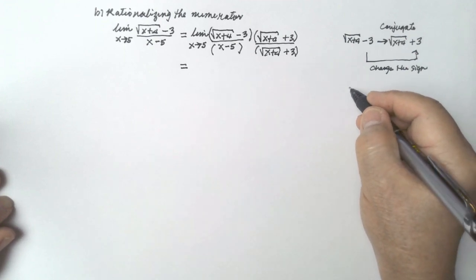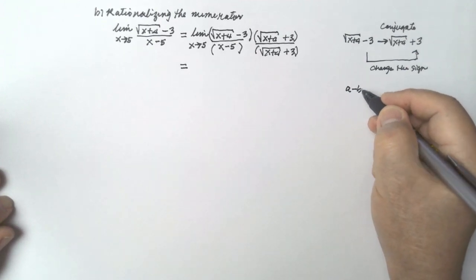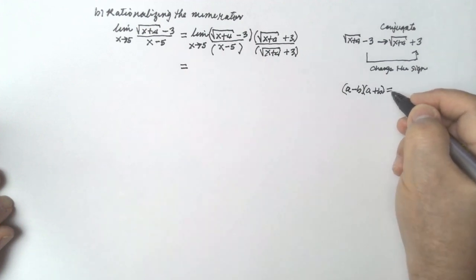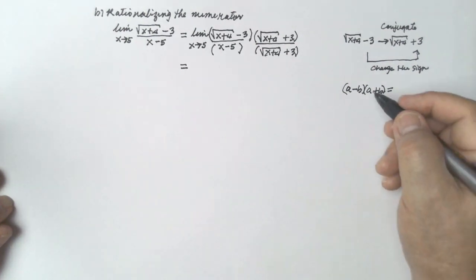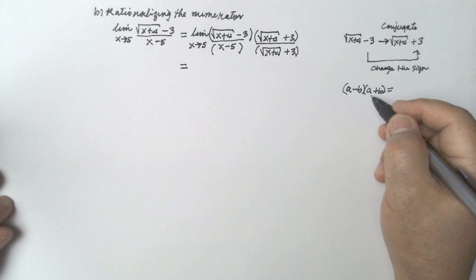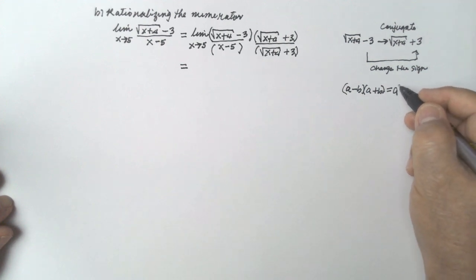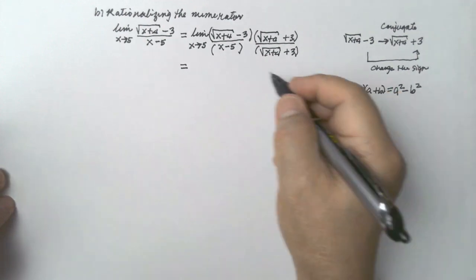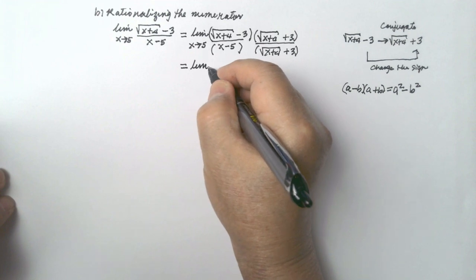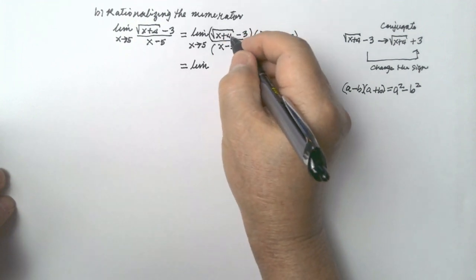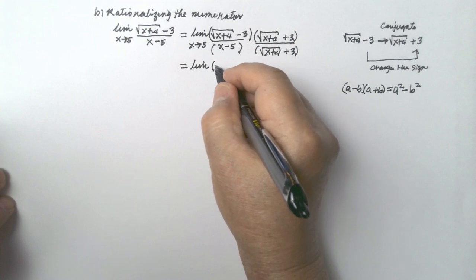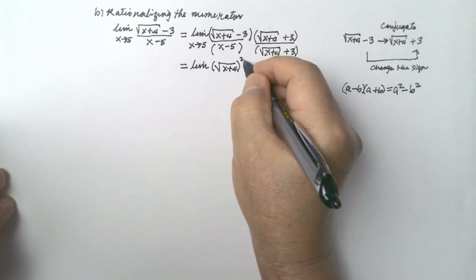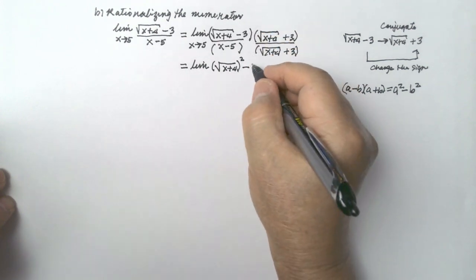This is in the form of a minus b times a plus b. In algebra, if you multiply a minus b by a plus b, the product is a square minus b square. Following this, we have the limit of, we are going to square the first term, the square root of x plus 4 square, then square the second term.